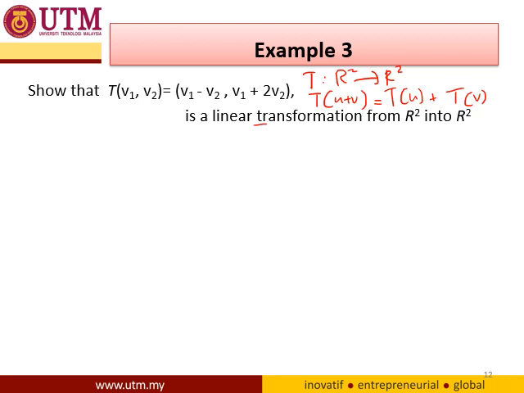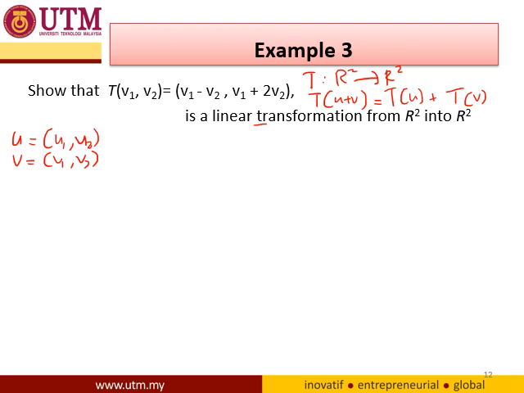We already know this from our discussion of the properties before. So here we must have u, which is, let's say, (u1, u2), and then you have v, which is (v1, v2).